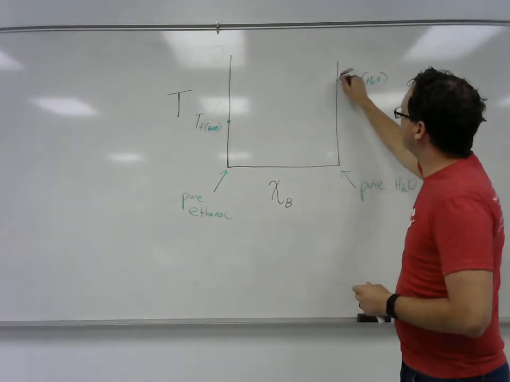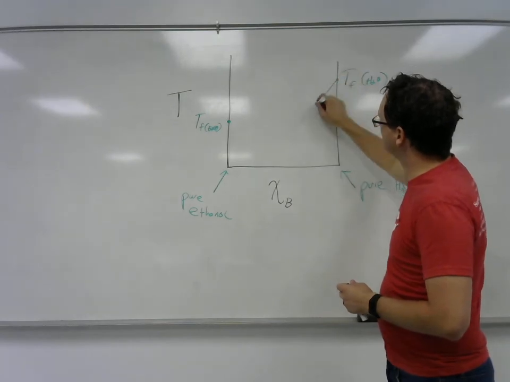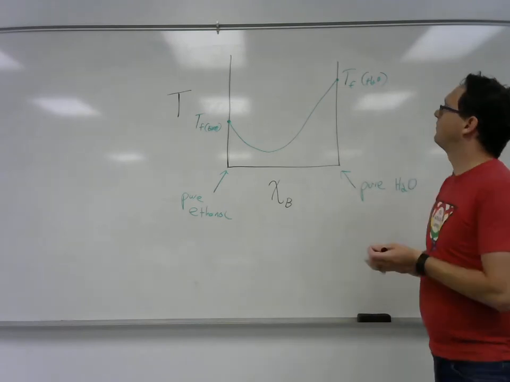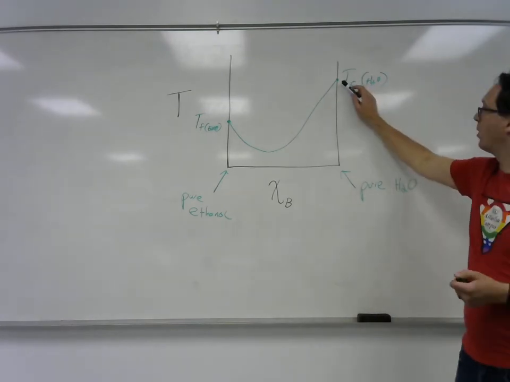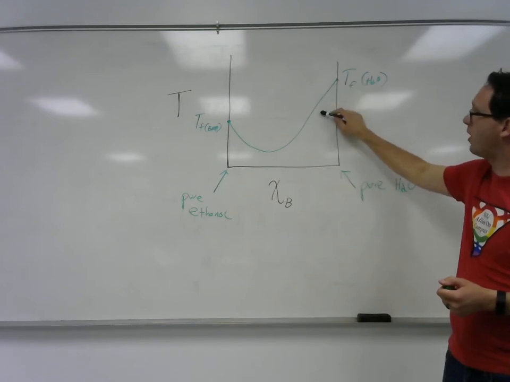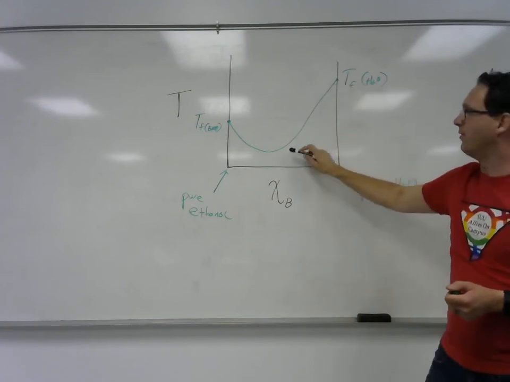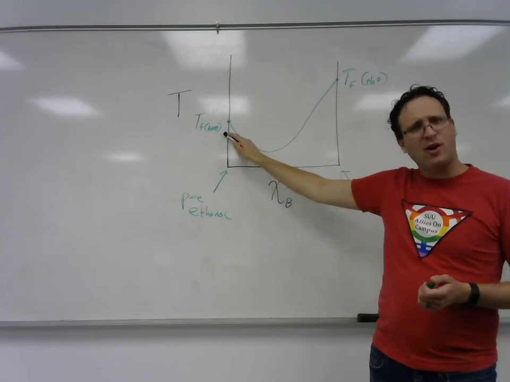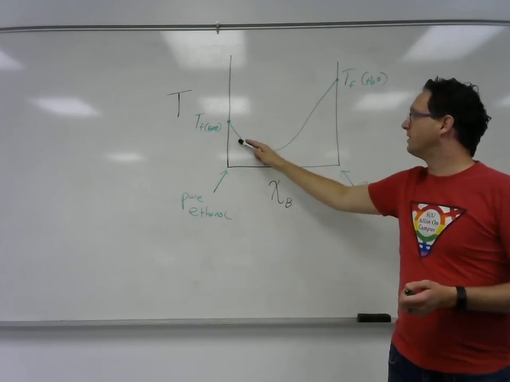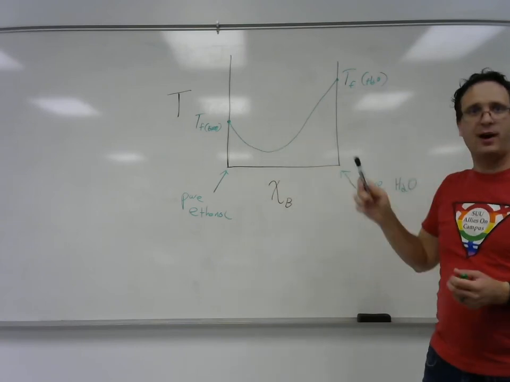And a mixture of the two is going to look like this. So if I have pure water and I add some ethanol to it, then the freezing point is going to drop down, down, down. If I have pure ethanol and I add a little bit of water to it, then that freezing point is going to drop down, down, down.